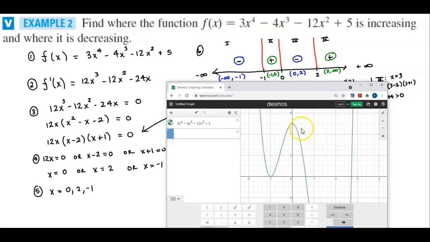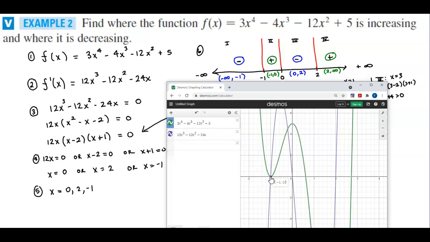Okay, so there is our regular function. And then let's graph our derivative function. So we have 12x cubed minus 12x squared minus 24x. Let's make sure we can see the points on the derivative.